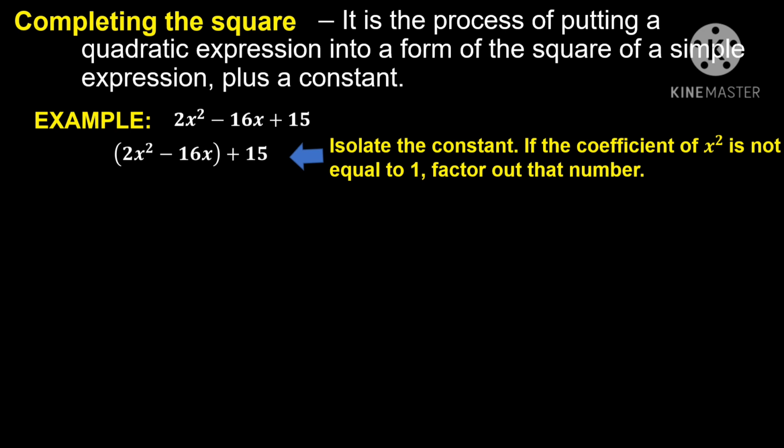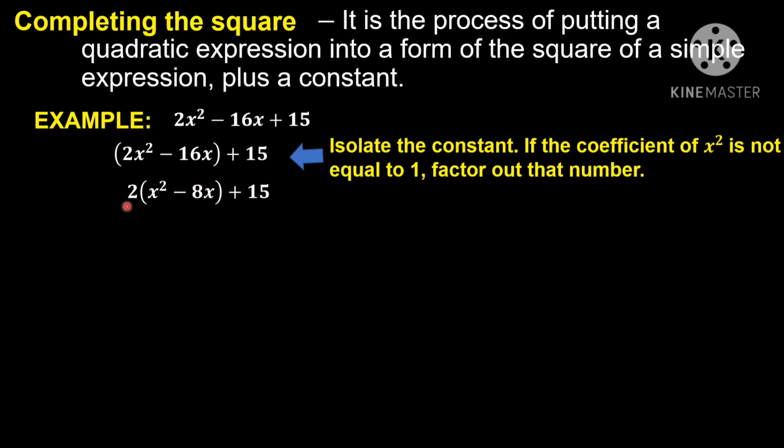Since the coefficient of x squared is 2, we factor out that 2, so we come up with 2 times the quantity x squared minus 8x, plus 15. It becomes negative 8x because if we factor out 2, the coefficient of x is affected, so we divide it by the number that we factor out, which is 2. Negative 16 divided by 2 is negative 8.